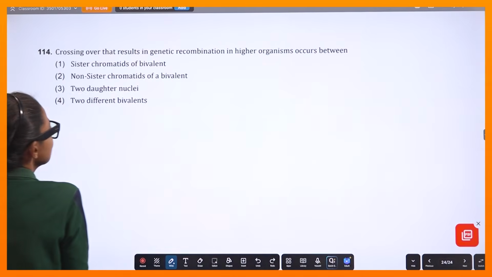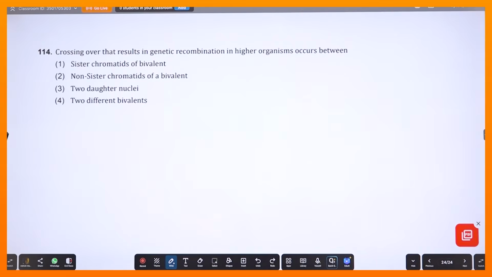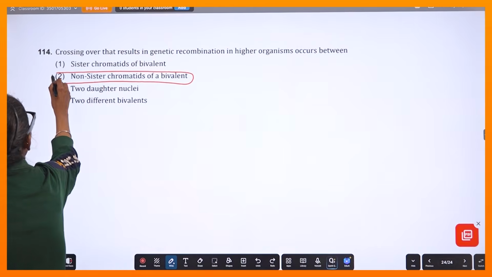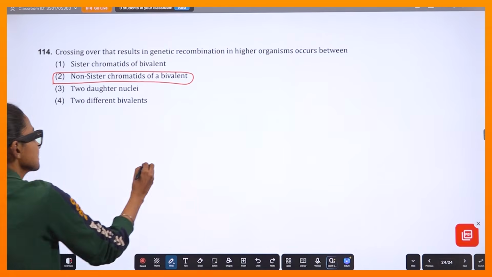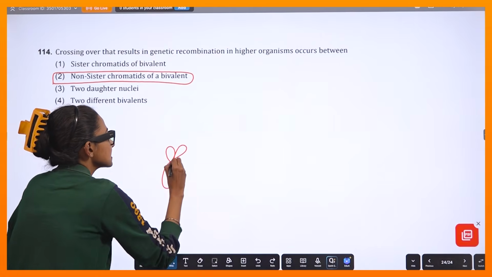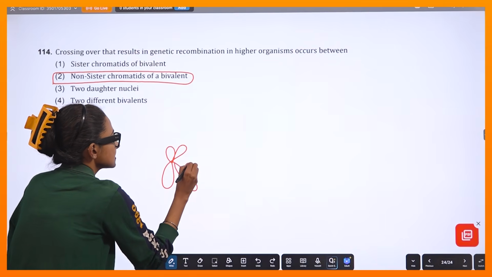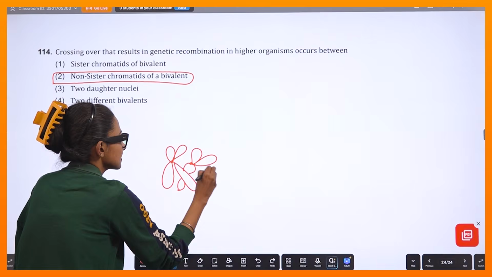Crossing over that results in genetic recombination in higher organisms. Crossing over that results in genetic recombination occurs between non-sister chromatids of a homologous pair of chromosomes. Suppose this is one homologous pair of chromosomes and this is how recombination is taking place.